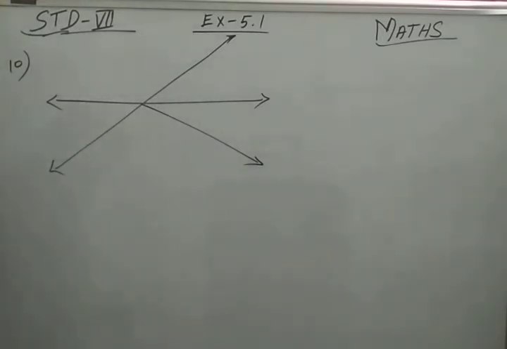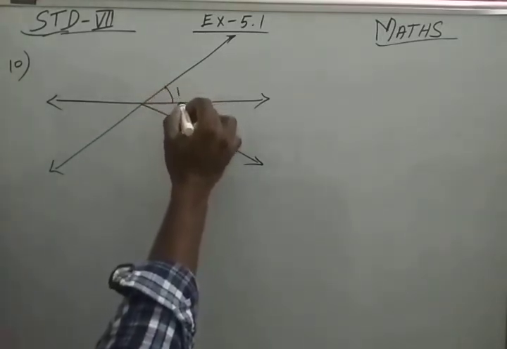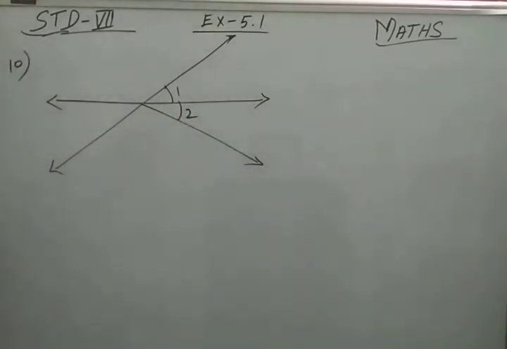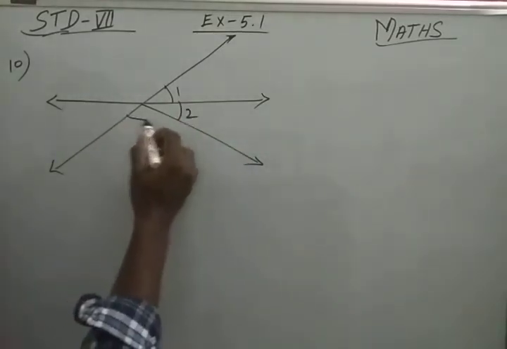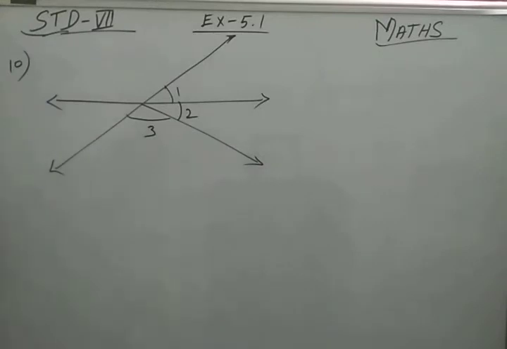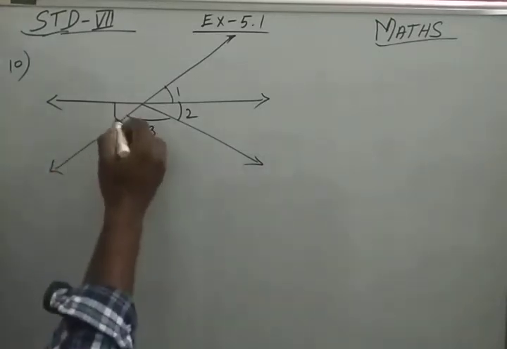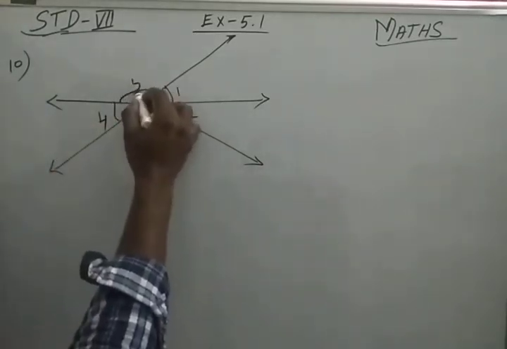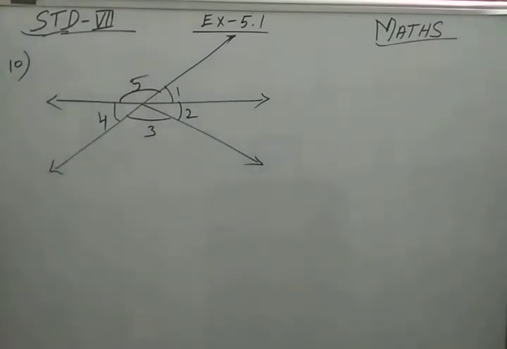So we can name the angles. This is 1, this is 2, this is 3, this is 4, and this is 5. They have given the angles in this question.